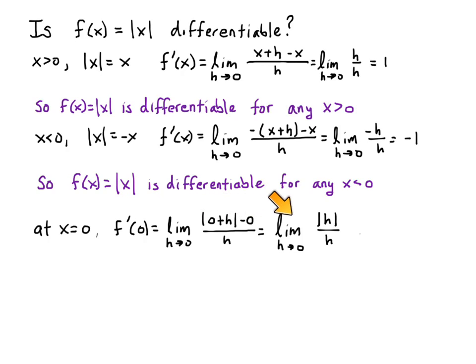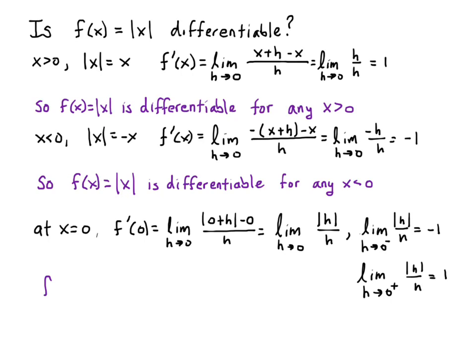So we get the limit as h goes to 0 of the absolute value of h over h. Now we did this before, when we were calculating limits: does that limit exist? We know that it doesn't exist, because if we come from the left, it's going to equal negative 1, and if we come from the right, it's going to equal 1. Since the two one-sided limits are not equal, we know it's not differentiable at 0.